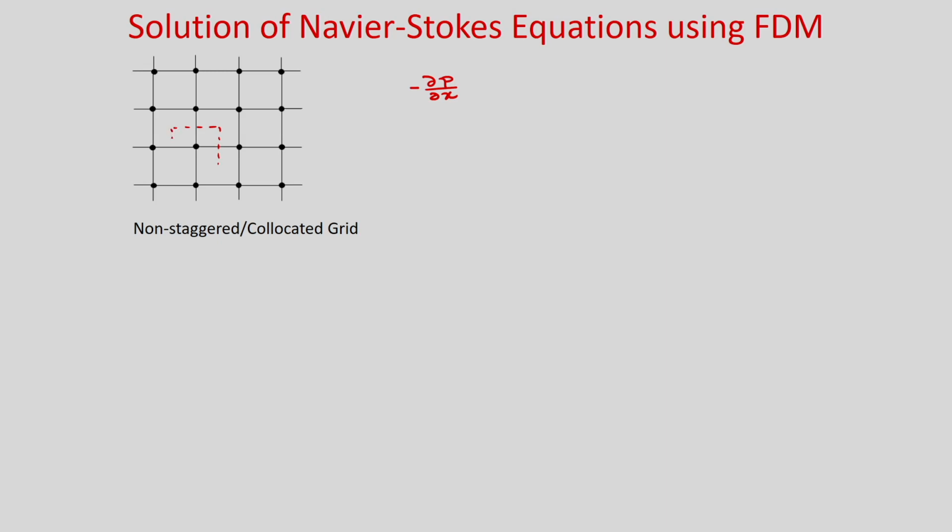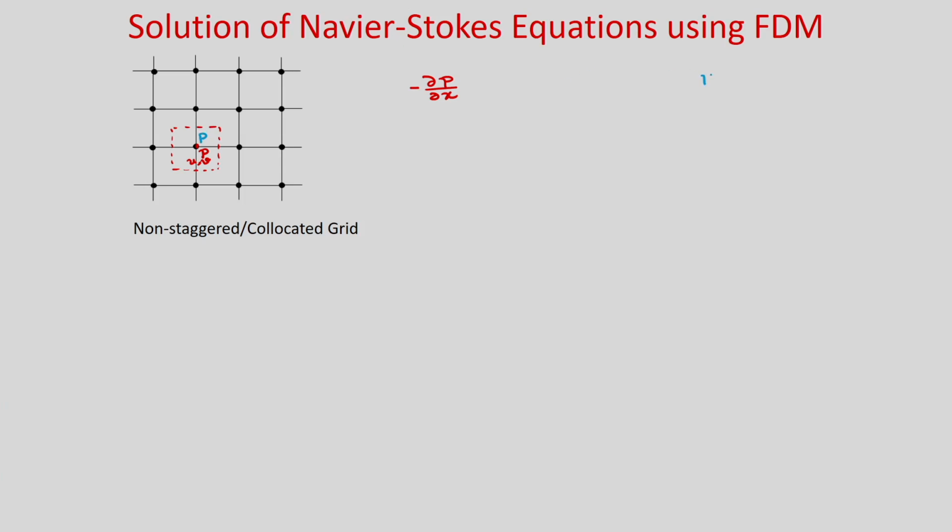We are considering non-staggered or collocated grid. This is the cell, and this is the cell center, which is your node. Here you are solving pressure and U and V also, and we will denote this node as capital P.